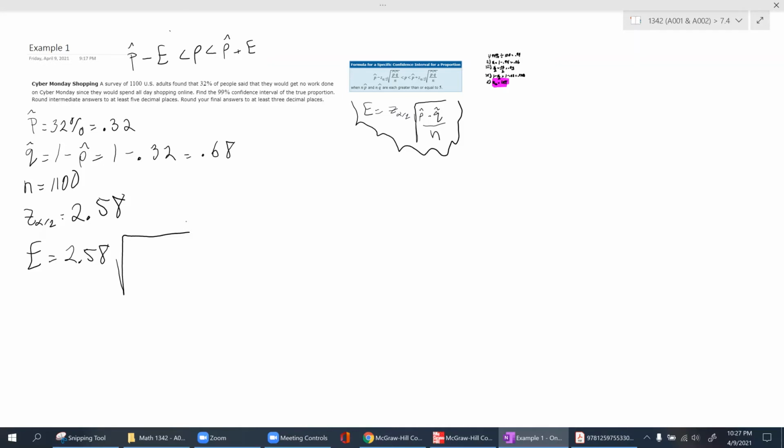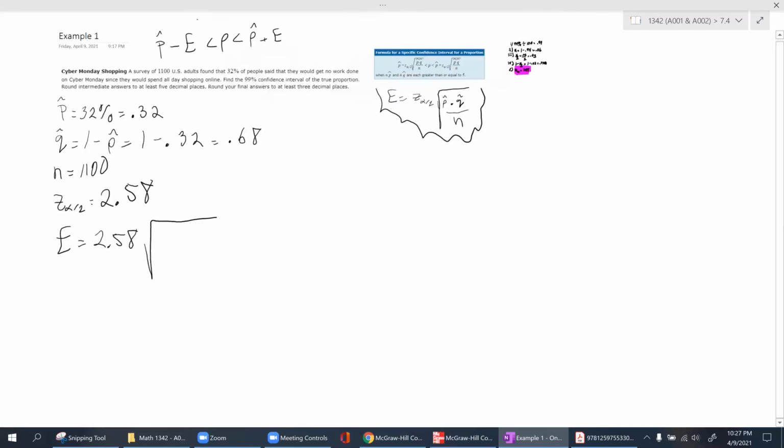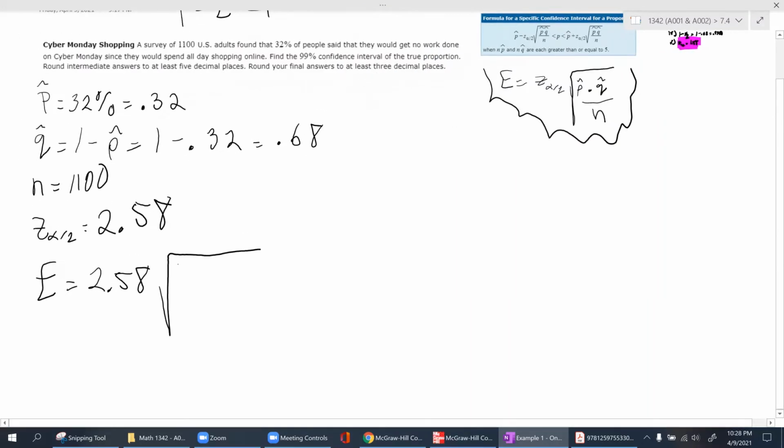This here should be multiplication. So p, which is up there, I got 0.32 times 0.68 all over, what was my sample size? 1100. So let me do what's inside the square root first.